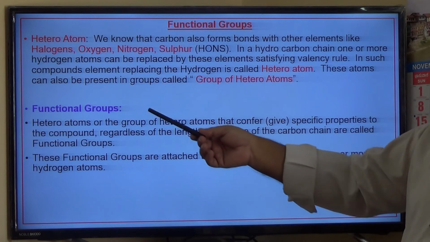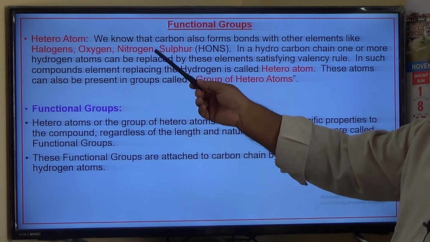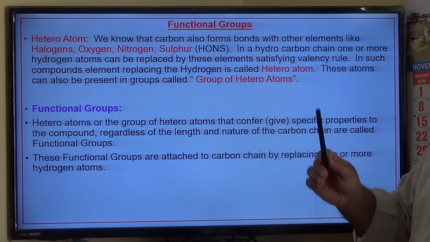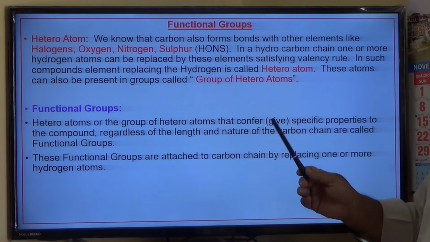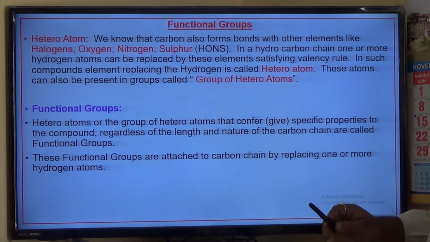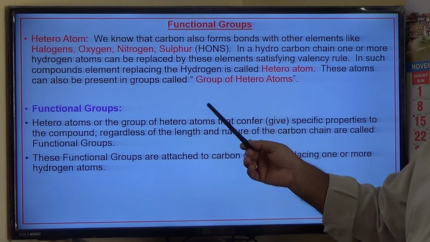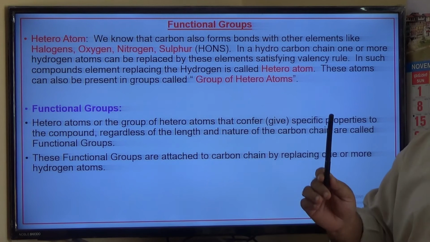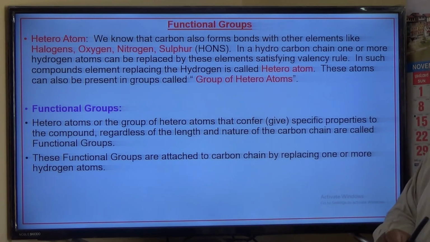That means when we attach the functional groups, that is these heteroatoms or the group of heteroatoms, to the carbon chain, whether the carbon chain length is a specific length or whatever may be the nature of the carbon chain, then these heteroatoms or the group of heteroatoms called functional groups give specific properties to the compound, and hence these are called functional groups.